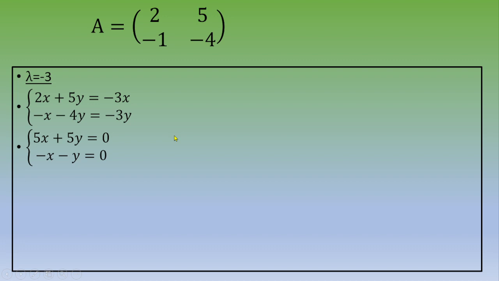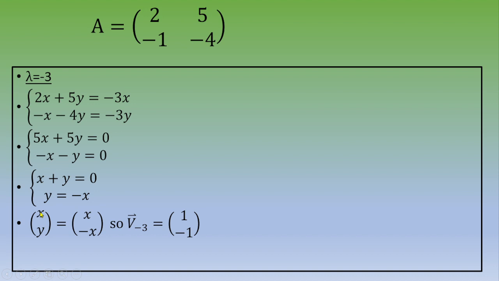Exactly the same equation pretty much. So now we are going to express one variable as a function of another one. This is y equals negative x. So now the eigenvector (x, y) can be written as (x, negative x). So the eigenvector linked to negative 3, this is (1, negative 1).